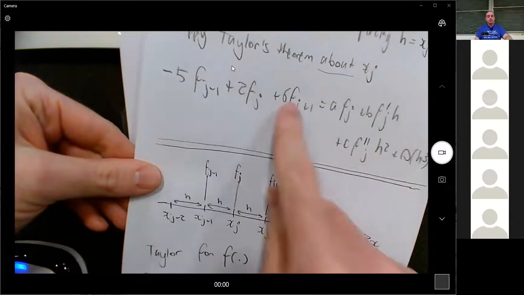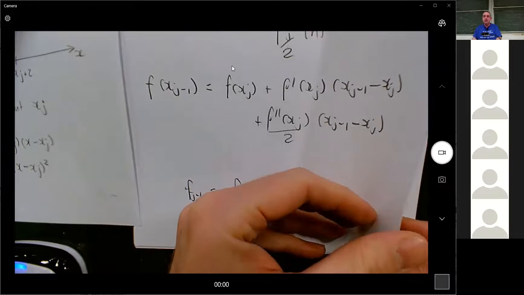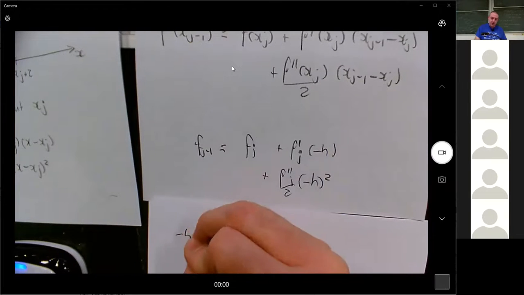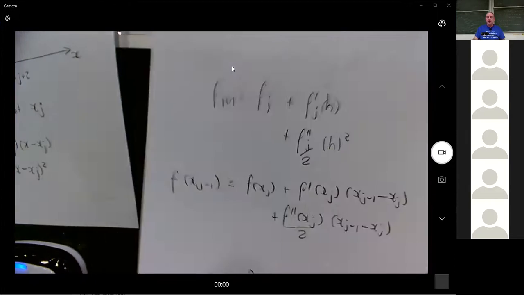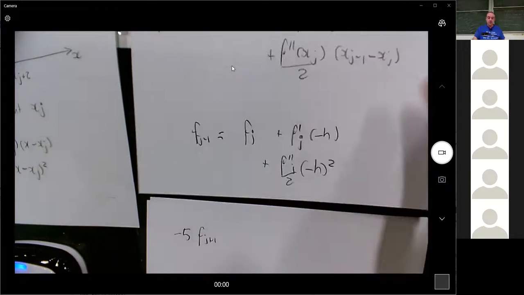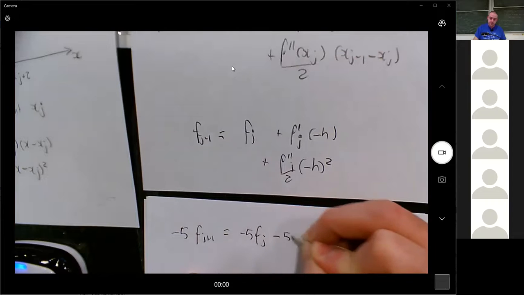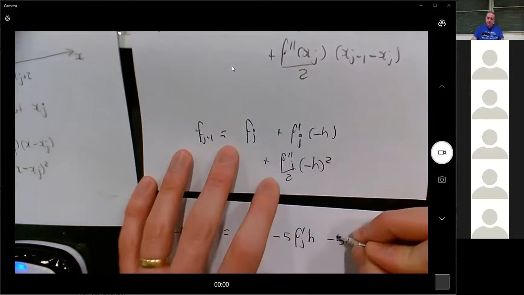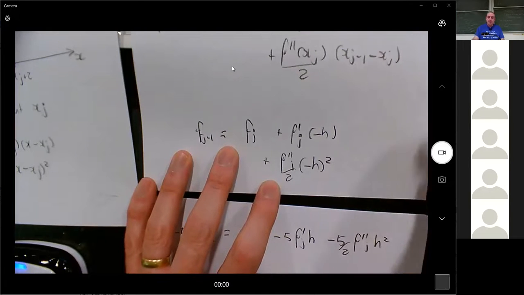And so now if I create this thing, I'll get something. Let's see what happens. Minus 5 of fj plus 1 is minus 5 of all of these things. So that was here.